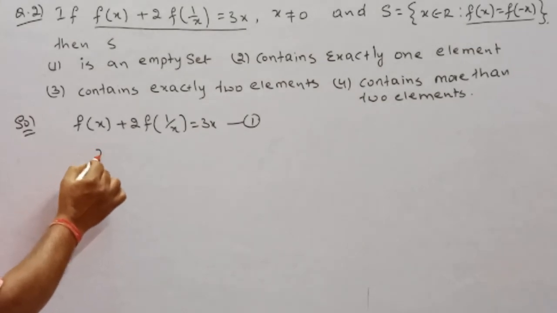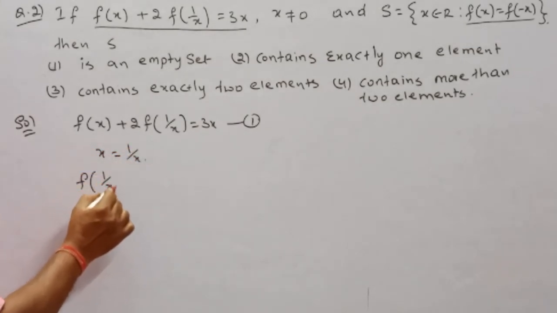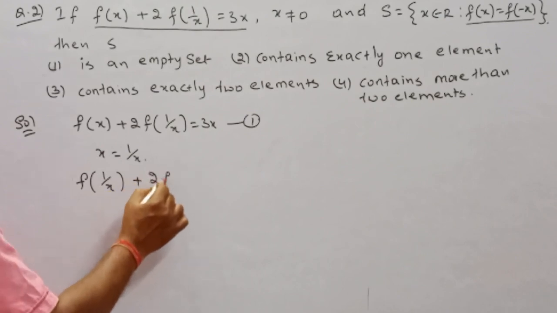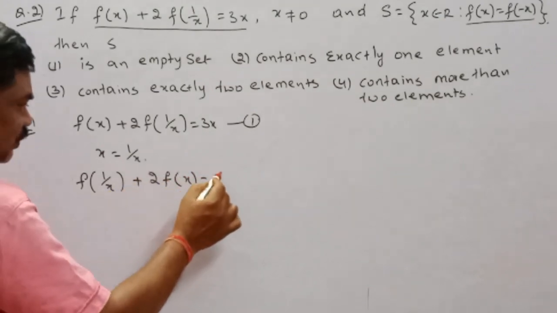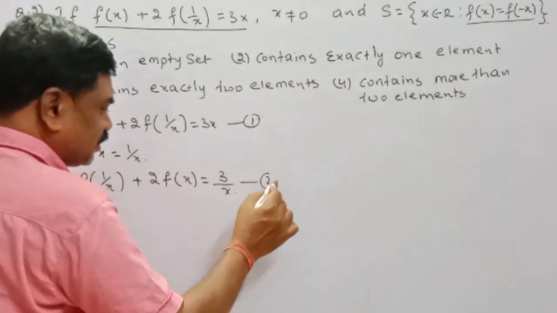You substitute x as 1/x, that is f(1/x) + 2f(x) = 3/x. This is equation 2.